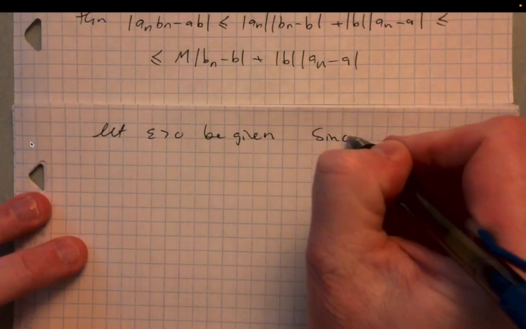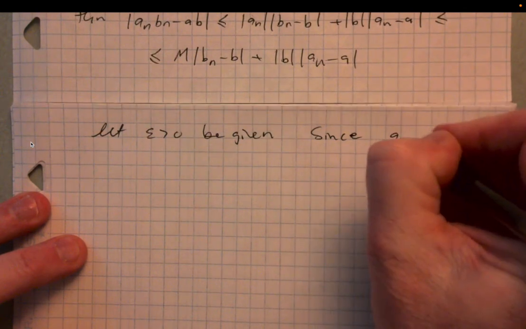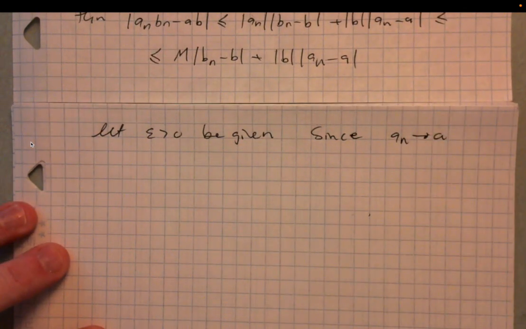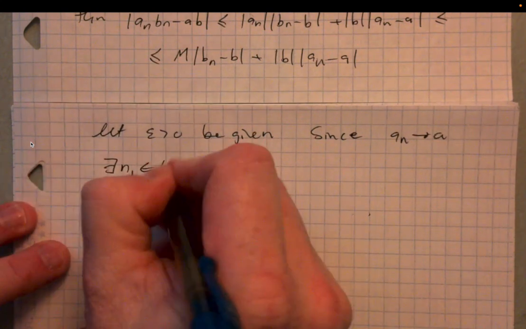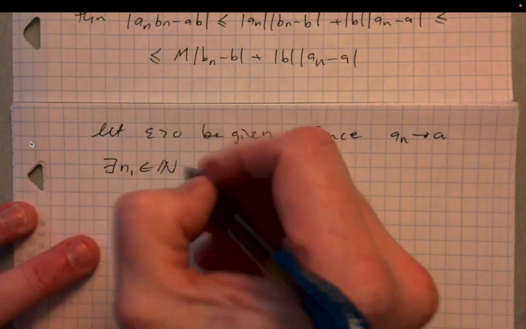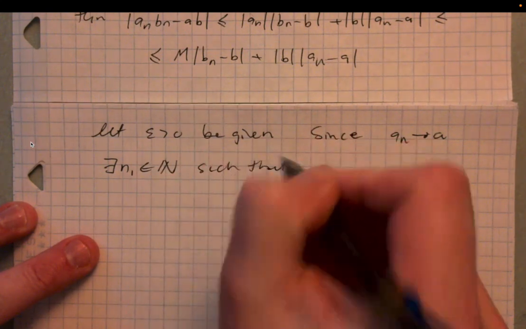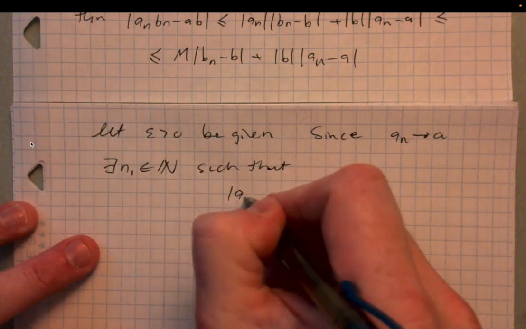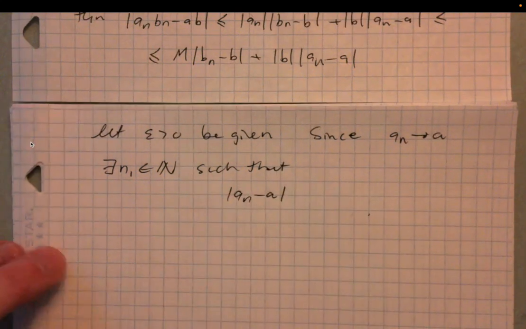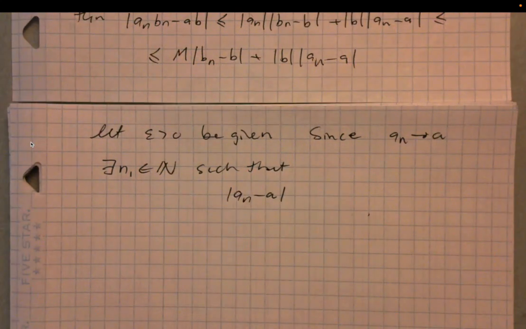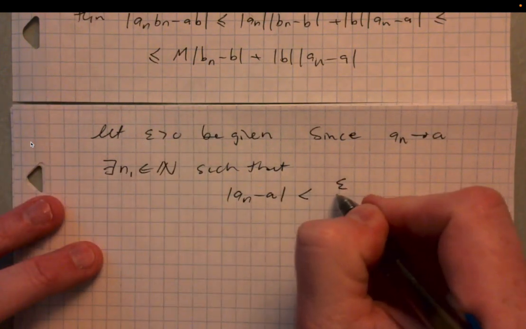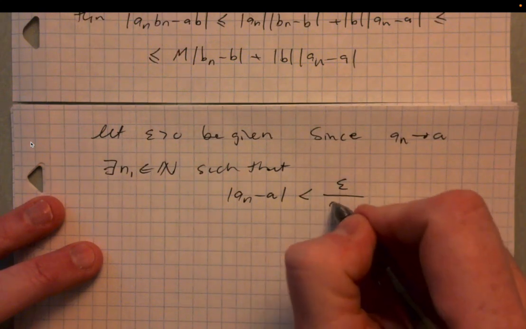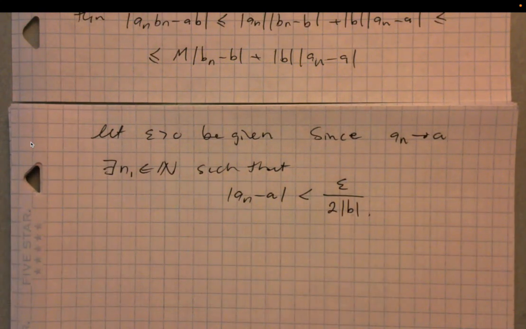Then since a sub n approaches a, by assumption, there exists n1 natural number such that a sub n minus a, the distance between the nth term of the sequence and the limit a, is less than epsilon over 2 times the absolute value of b.